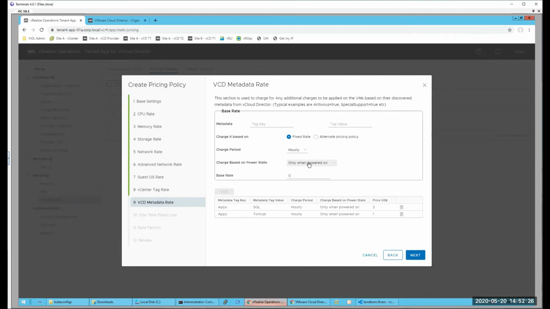That's an interesting question. I don't think that's easily doable. It doesn't come out of the box, because the metadata and the vCenter tags are just generic text fields that you add into the metadata system.